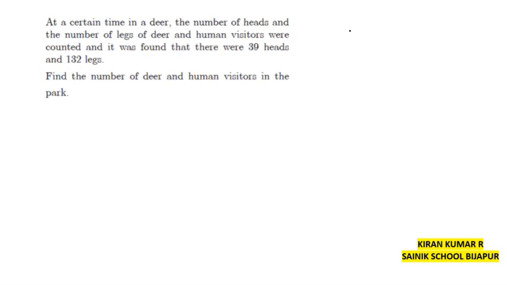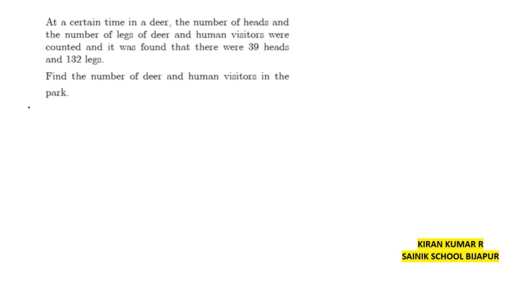At a certain time in a deer park, the number of heads and the number of legs of deer and human visitors were counted, and it was found that there were 39 heads and 132 legs. Find the number of deer and human visitors in the park. Let me consider the number of deer to be x and the number of human beings to be y.